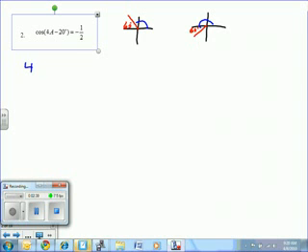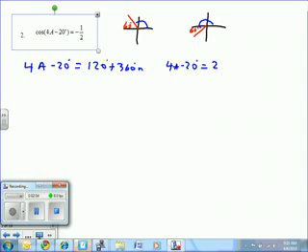So now we have 4a minus 20 degrees equals, what's the first angle there? 120 plus 360n. And 4a minus 20 degrees equals 240 plus 360n. Okay? What do we do next?